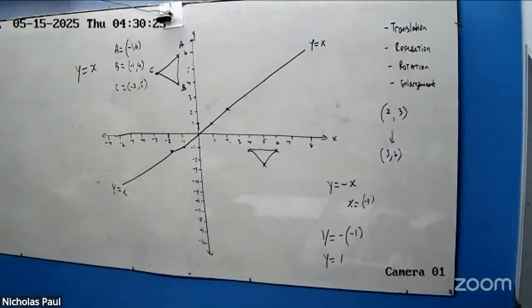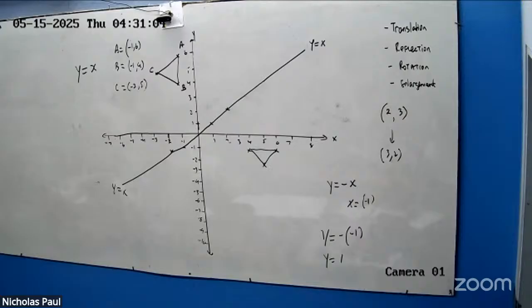For the line y is equal to minus x, we flip the values and change their sign.